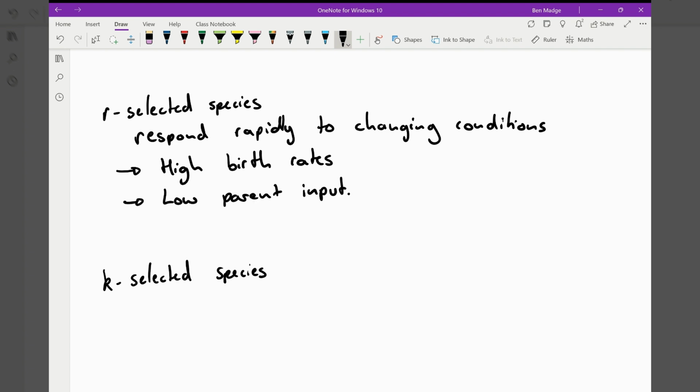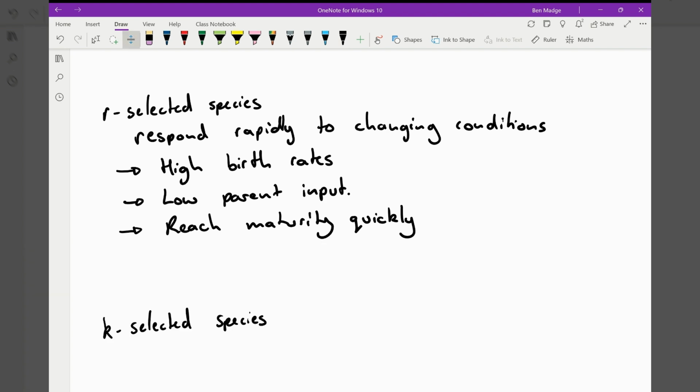So parents can produce lots of offspring really quickly, and then the offspring are left to their own devices. They reach maturity quickly, so that the offspring can go on to breed themselves if they survive. And typically, they will be able to disperse widely. So they will be able to spread out quickly as well.